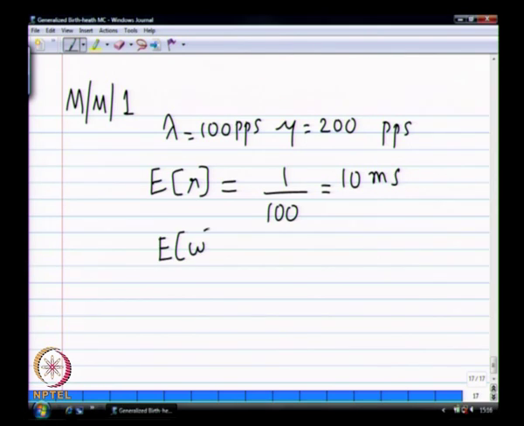So E[R] is 10, E[W] is, don't forget your units as you go along. E[S], 1 over mu, is 5 milliseconds.